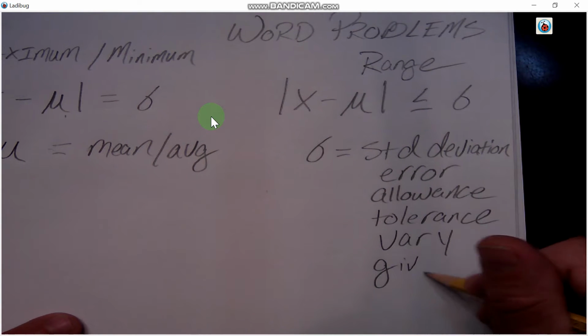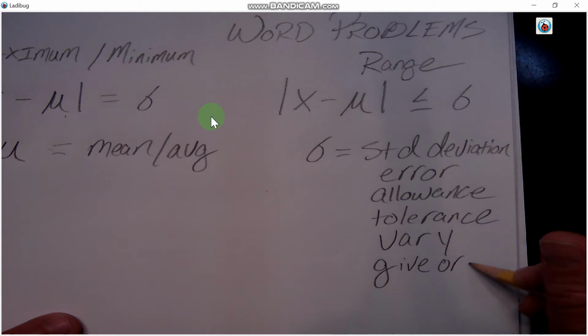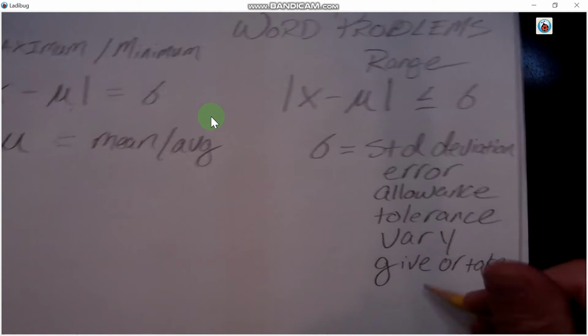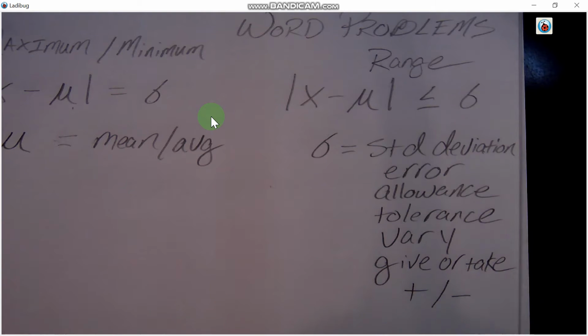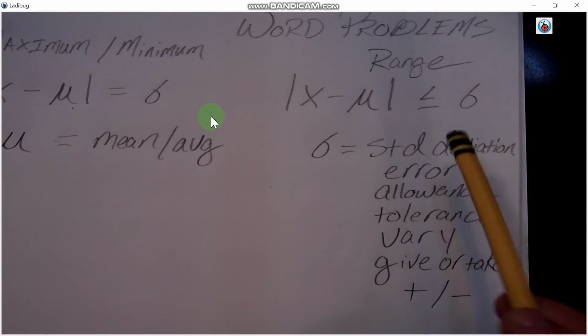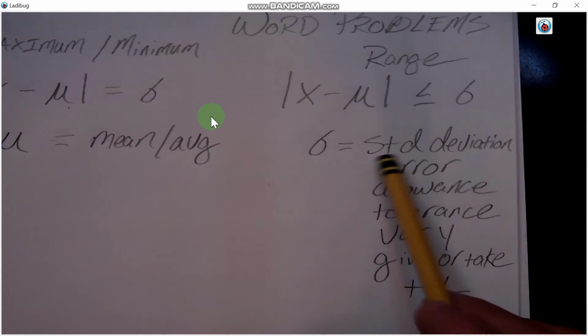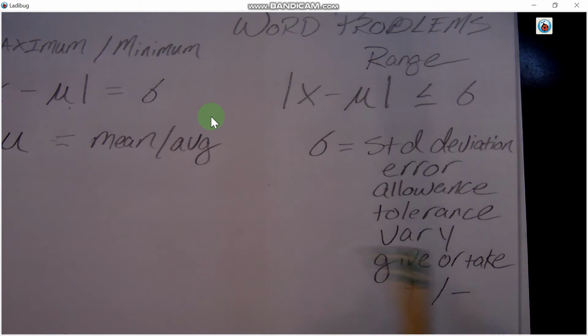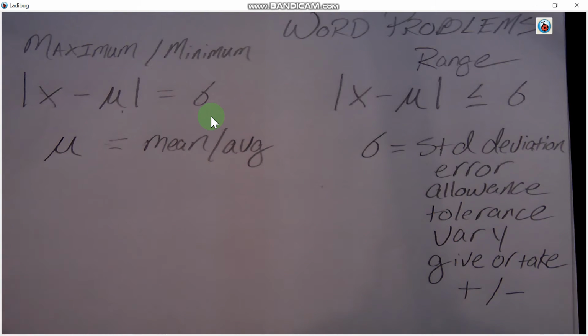These are all what you're going to put on the other side of the inequality or equal sign, or maybe a plus minus. These will all be like the maximum and minimum distance from the mean. Standard deviation is just a measurement of deviation from the mean, or the average.